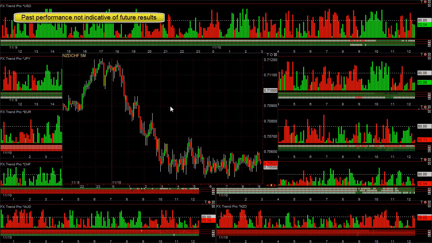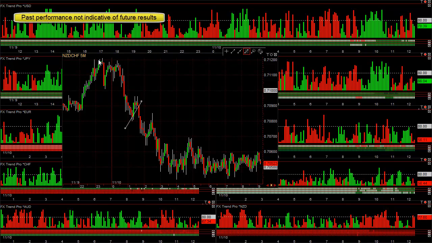Now look at this New Zealand Swiss. We have a weak New Zealand, and you don't really know it's extremely likely to continue until about 1:30 right here. You had intense weakness, the daily, weekly, monthly trends down, almost no strength. Coming up to 1:30, it's very likely to continue down. The Swiss was very strong, and this is just a perfect trade. Strong Swiss, well, I wouldn't call it a perfect trade because the Swiss longer-term trend is down.